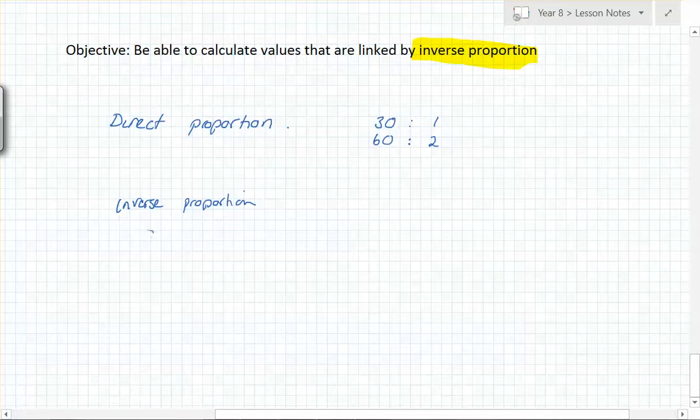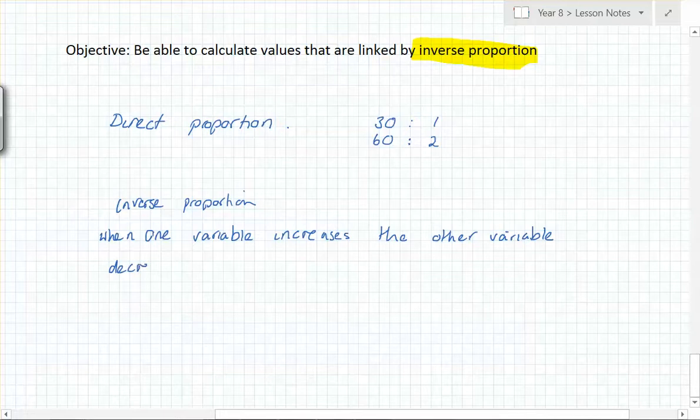So we should write that. When one variable increases, the other variable decreases. Okay?